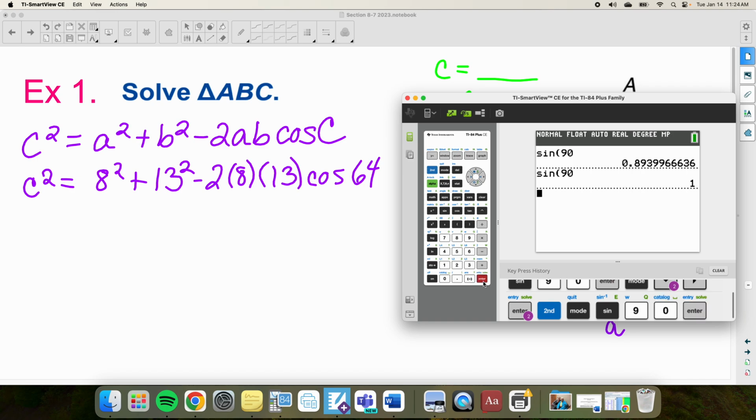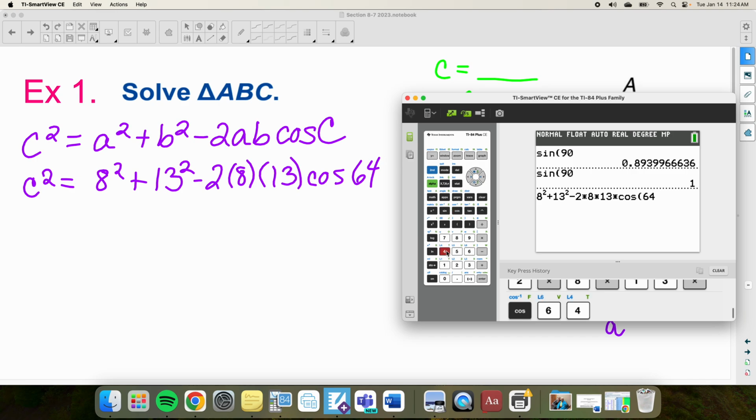Okay, so here's what we're going to do. We're going to type in 8 squared plus 13 squared minus 2 times 8 times 13 times cosine 64, enter. And is that what you guys got? 141. Now, that is our C squared.